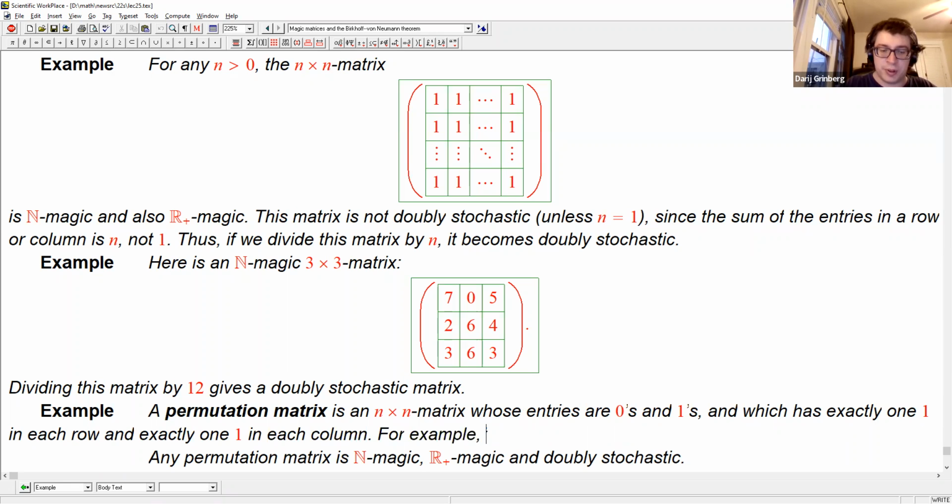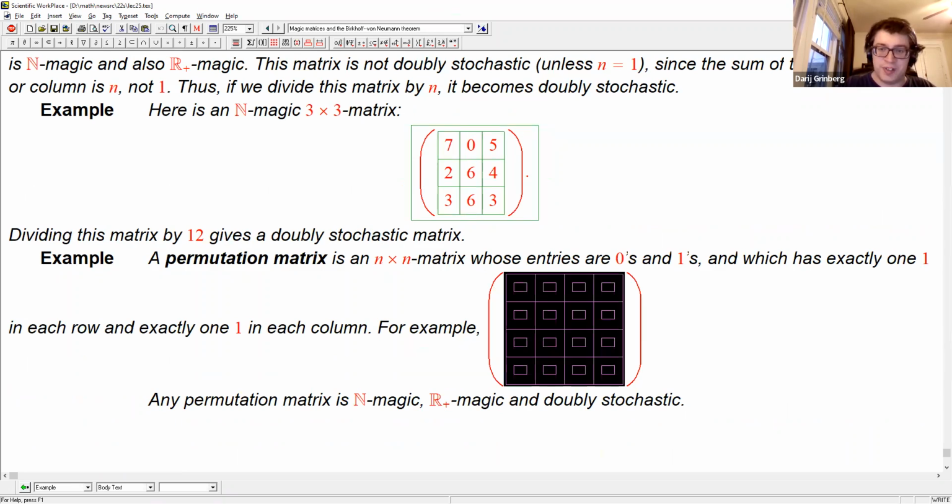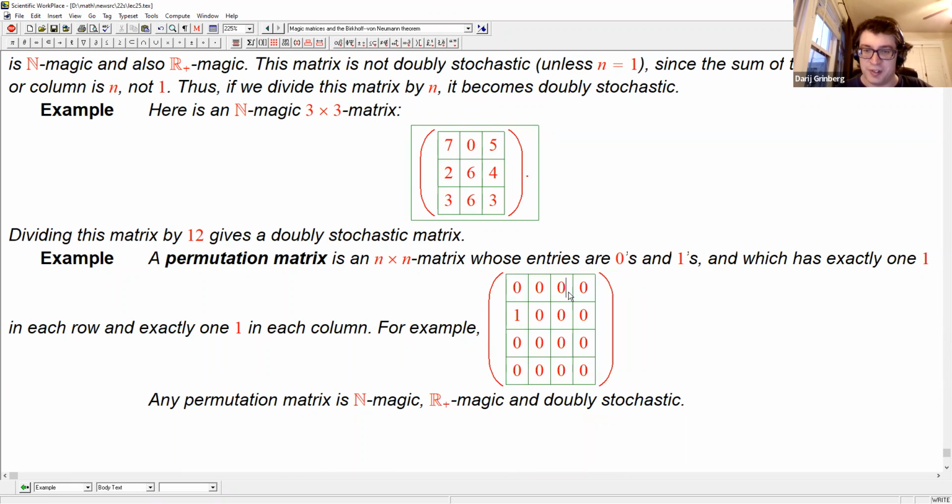For example, here is a permutation matrix. I'm going to fill it with zeros, and then I'm going to put ones, for example, here. Each row has only one 1, and each column has only one 1. They're called permutation matrices because they correspond to permutations.